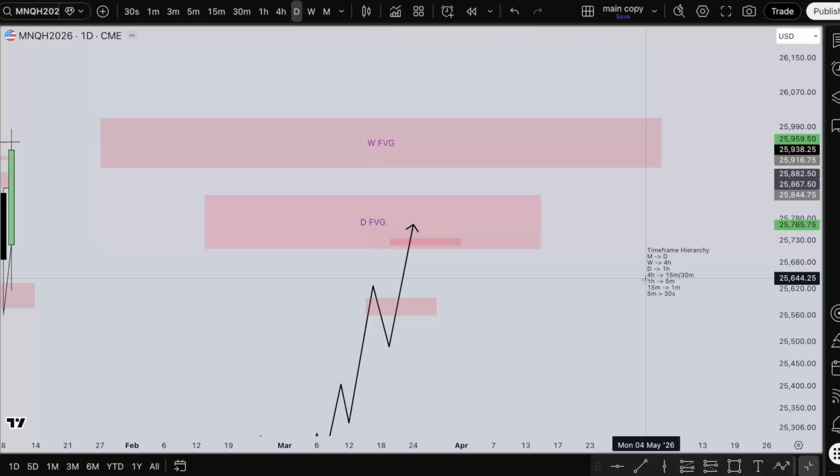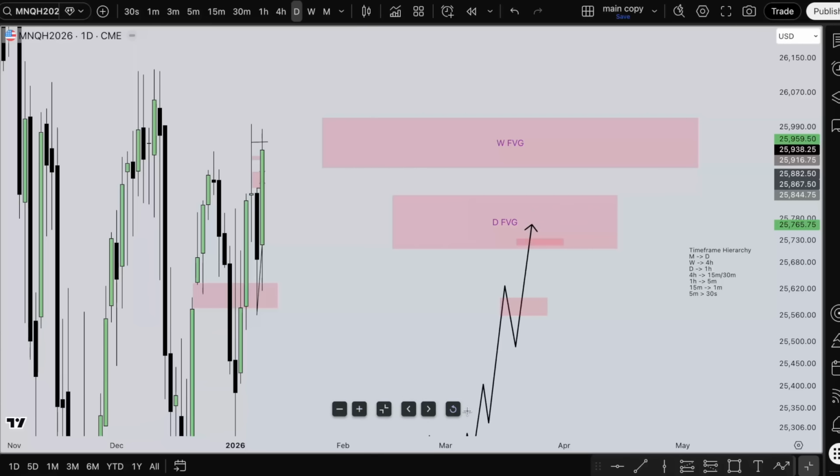Why is that? Assuming price was in a hurry to go up there, don't you think the highest probability retracement would be to an extremely low time frame PDRA? Yes or no? Okay, let me show you the trade that I took.